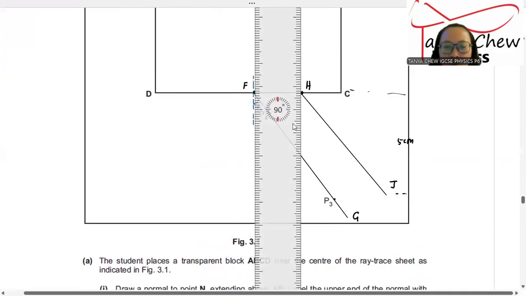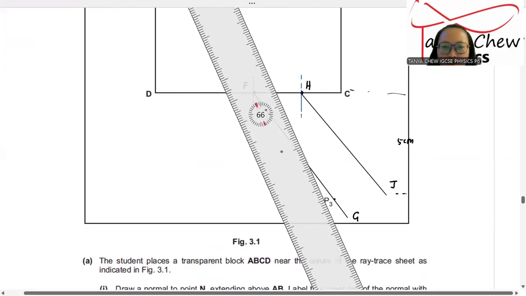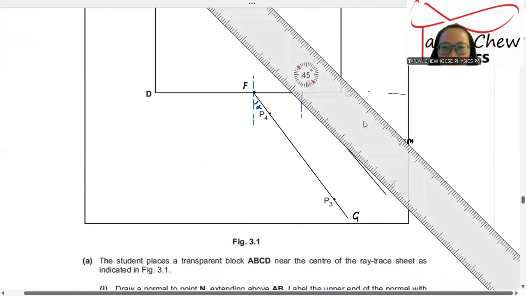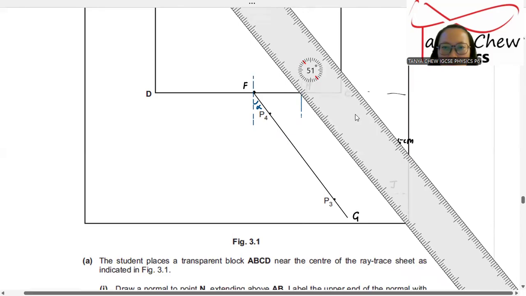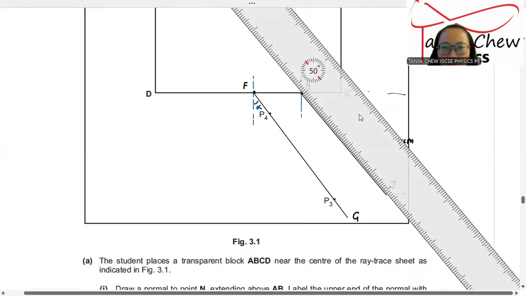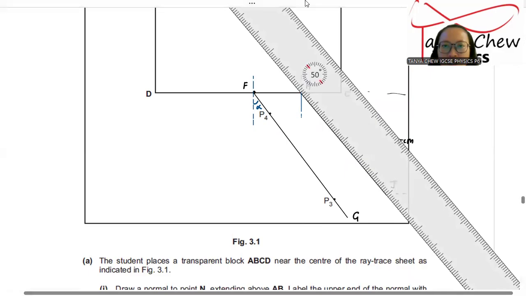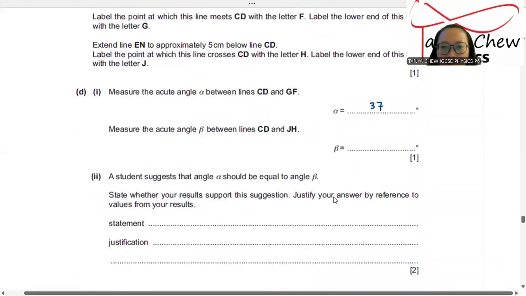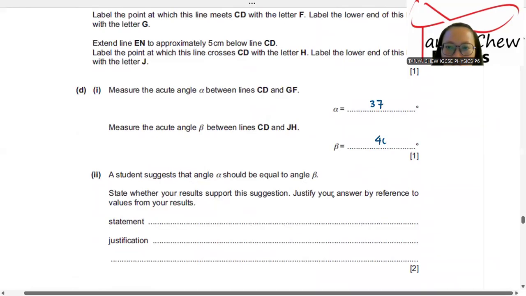Here. Just want to make sure that. And then move my ruler. I get 50. So 90 minus 50, that gives me 40 degrees. Beta is 40 degrees.